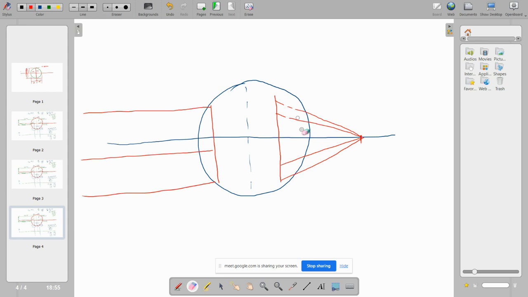I don't know how it is going to travel, but it will travel in such a way that it will focus. But what is this distance called, from principal plane 2 to my focus spot, the focal plane? This distance has a particular name. What is that?